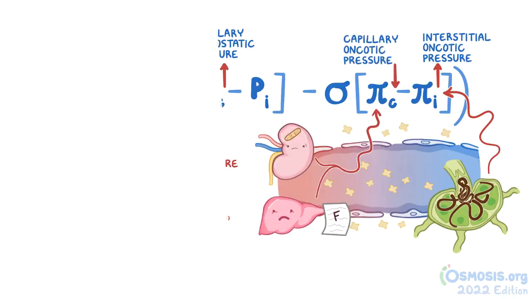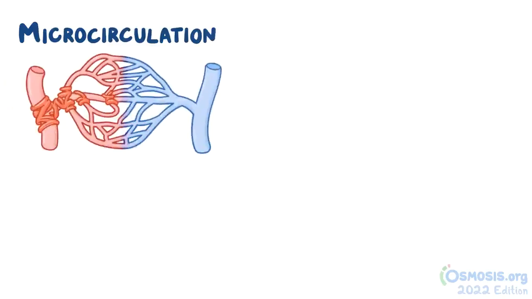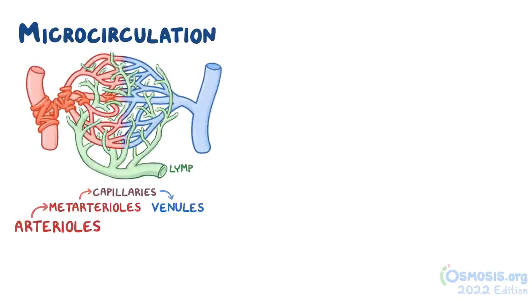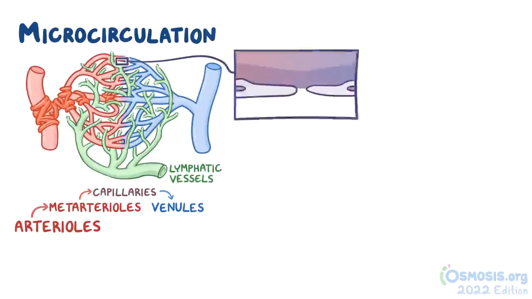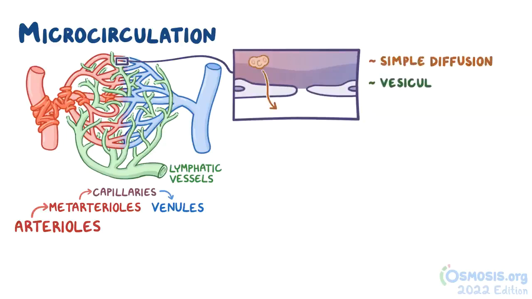All right, as a quick recap, the microcirculation is made up of the arterioles, metarterioles, capillaries, venules, and lymphatic vessels. And it's in the capillaries where the exchange of substances happens. The exchanges can be through simple diffusion, vesicular transport, and osmosis.